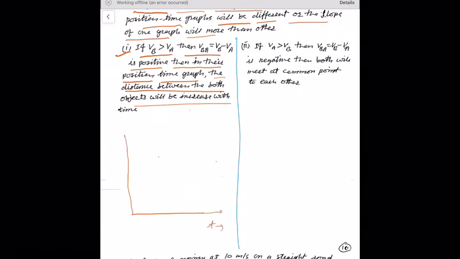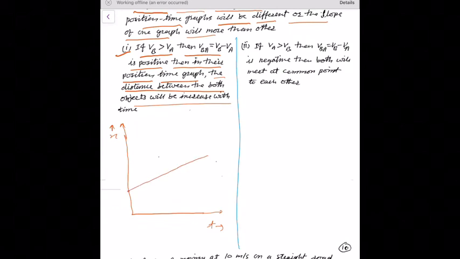Here it is time axis, it is position axis, position of B at t equal to 0, position of A at t equal to 0.